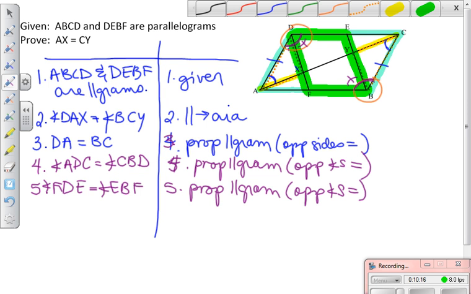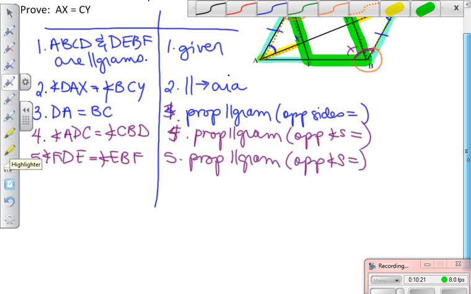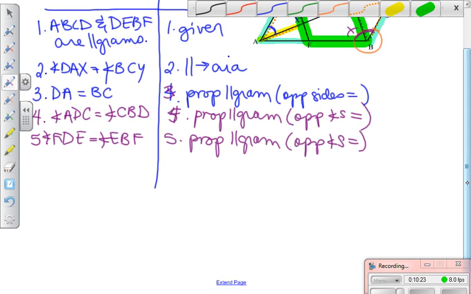So much the same as the last proof, if I know the big one and part of the little one, by parts to whole, I can get these little pieces here congruent. Triangles are congruent. So let's go ahead with our parts to whole statements.